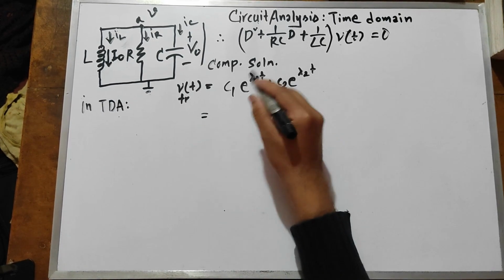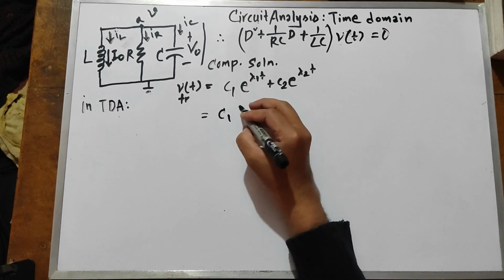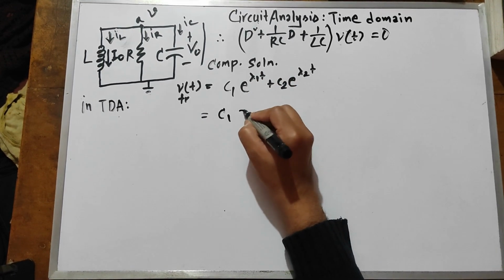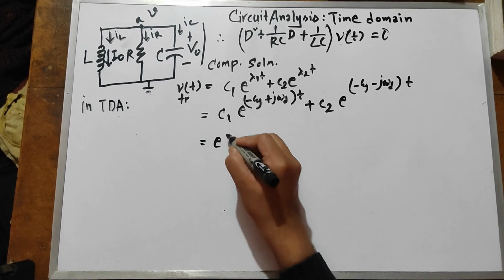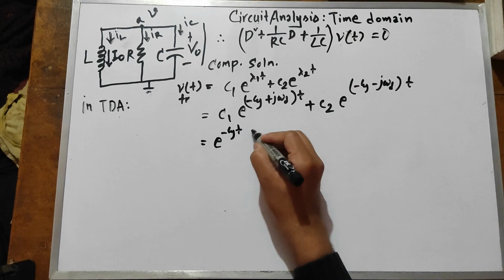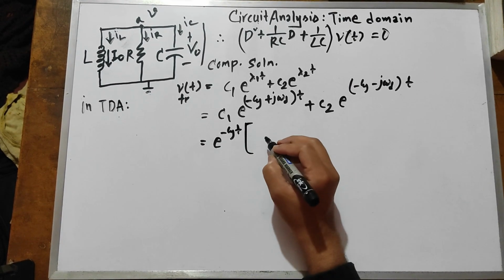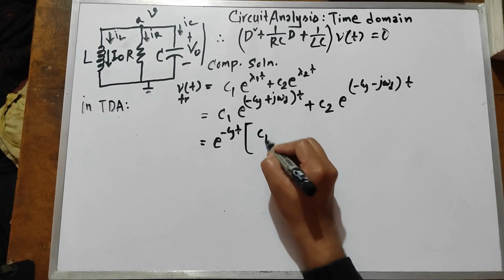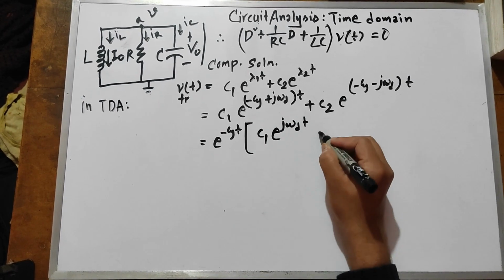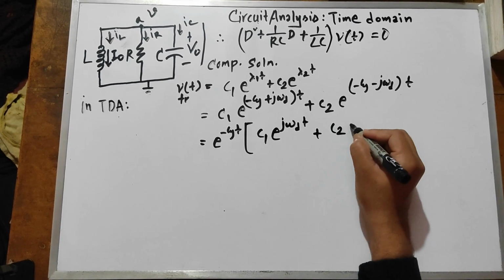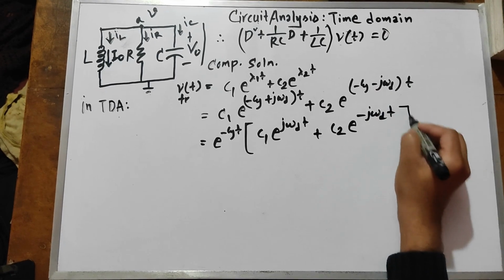If I take the exponential of minus zeta t common out from the two, it will leave us with C1 e to the power j omega d t plus C2 e to the power minus j omega d t.